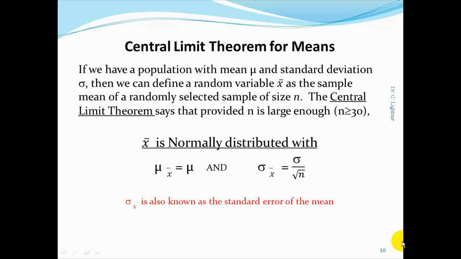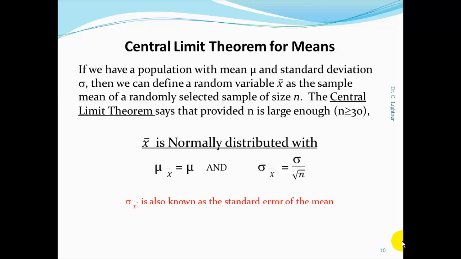Recall the central limit theorem for means. If we have a population with mean mu and standard deviation sigma, then we can define a random variable x bar as the sample mean of a randomly selected sample of size n. The central limit theorem says that provided n is large enough, x bar is normally distributed.